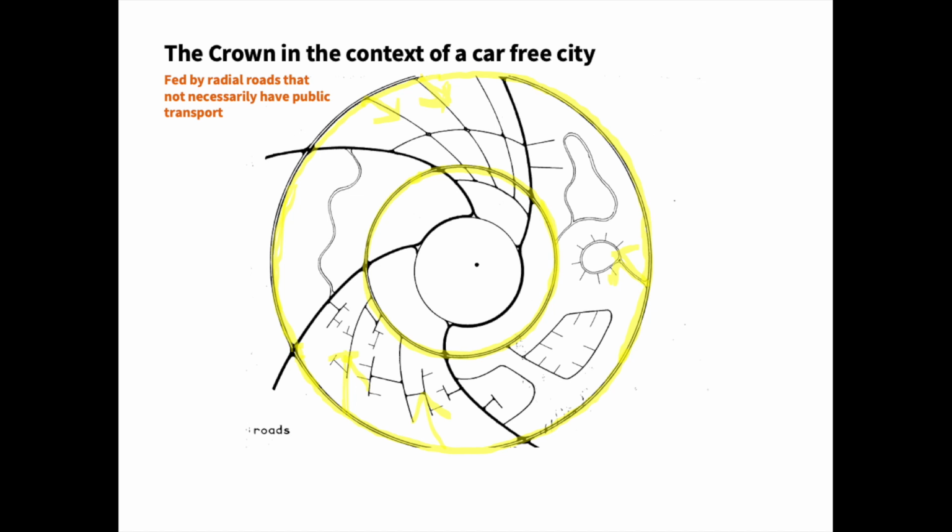We are not sure whether the outer ring road should be continuous, because it will allow people maybe to do thoroughfare. But at the same time, if we do it, it will allow us to stop the traffic outside and feed the radials, and not every radial should have public transport, only some. So this is an important open question.